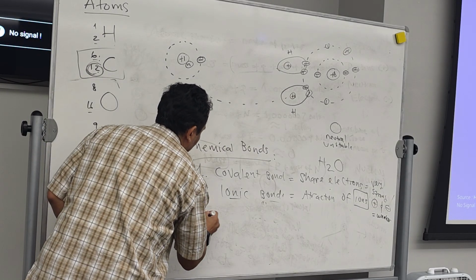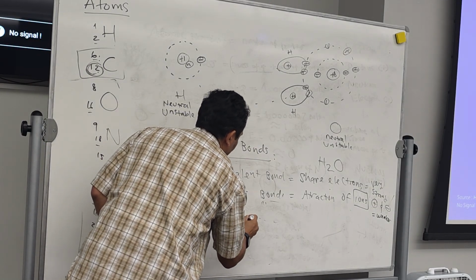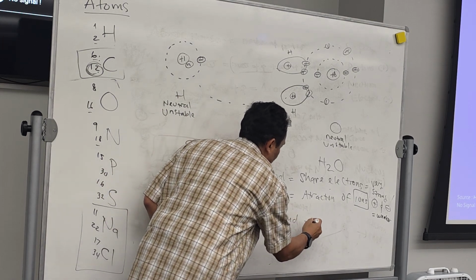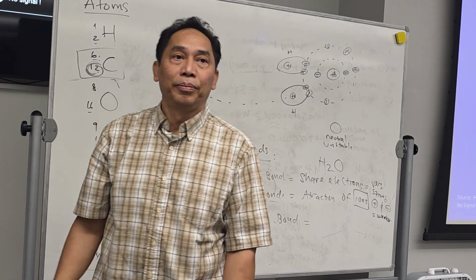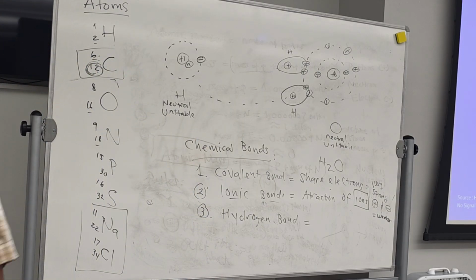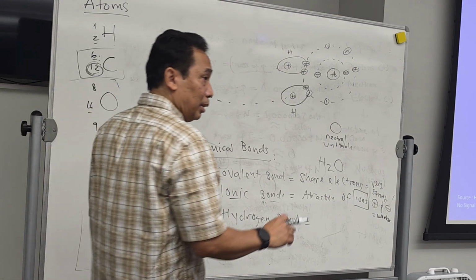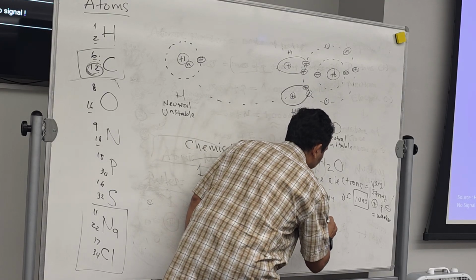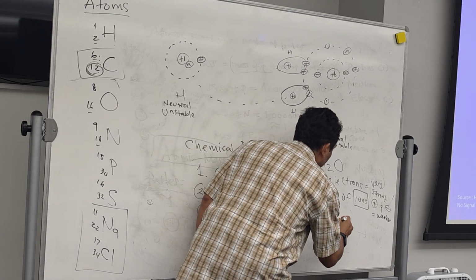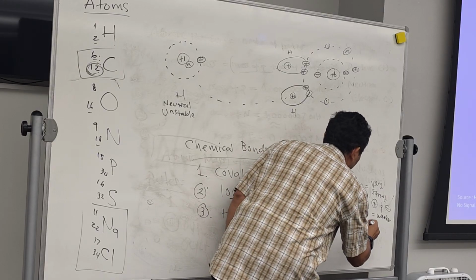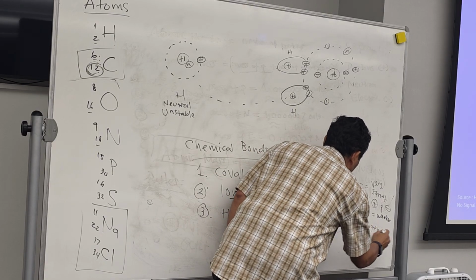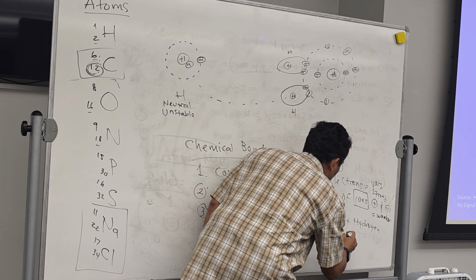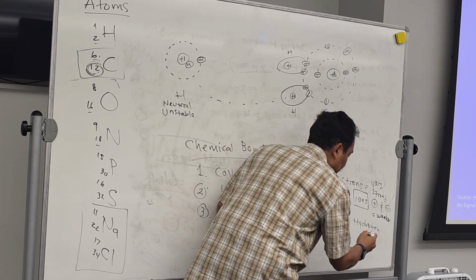It's called hydrogen bond. Okay? What is hydrogen bond? This is the bond that is made from attraction of hydrogens that is slightly positive.